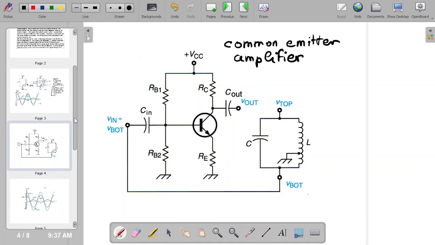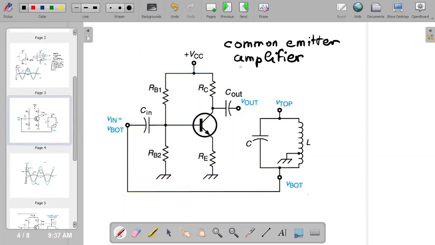So just a quick note about the common emitter amplifier. That's the basic circuit. So you have RB1, RB2 for the biasing. You have the collector resistance, and you have the emitter resistance, which is the reason why you have a resistance in the emitter lead is to stabilize the biases.